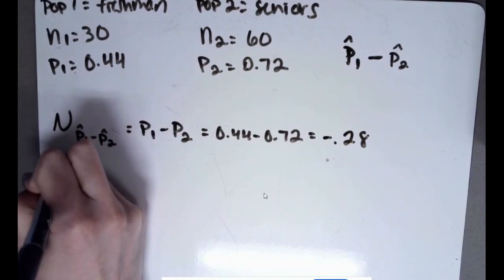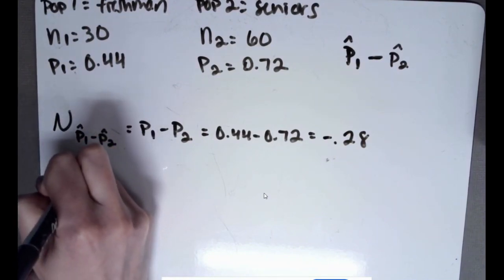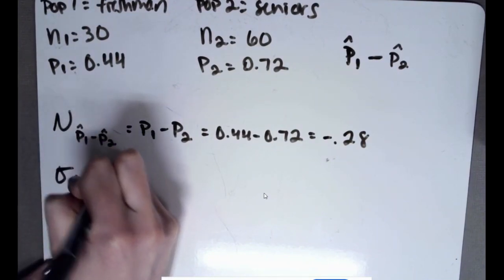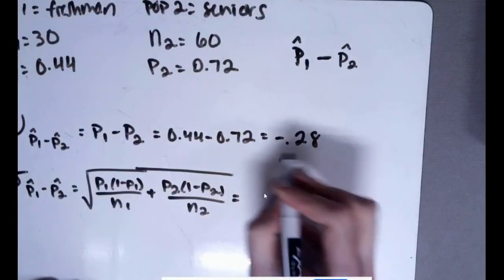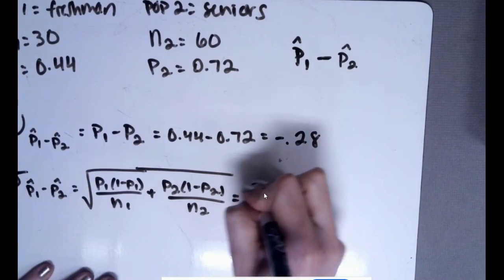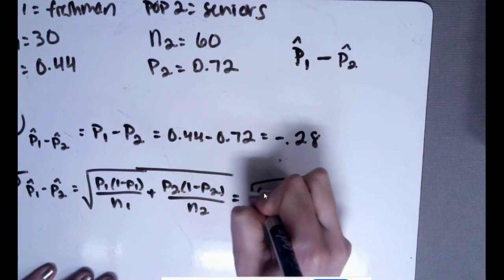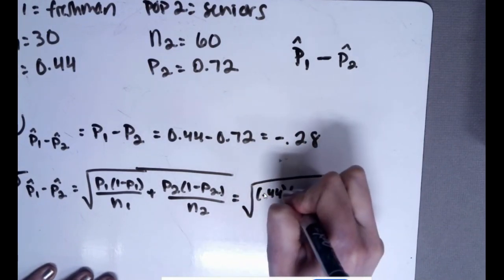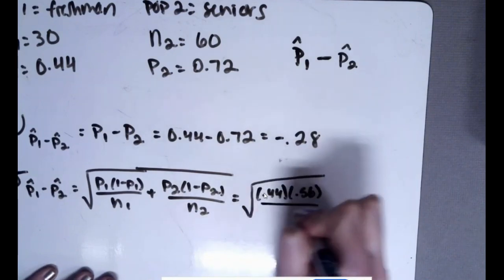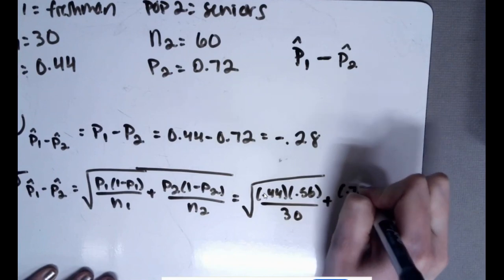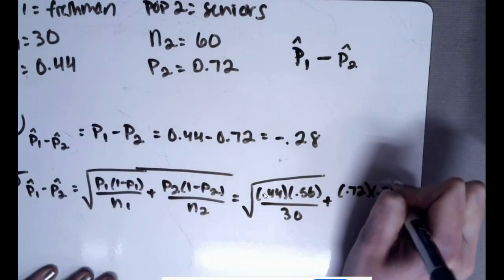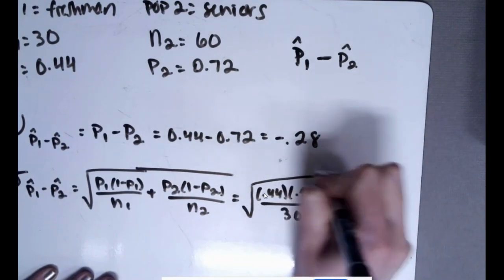I also need the standard deviation of the difference in the sample proportions. You also have a formula for this. So in this case, it will be the square root of 0.44 times 0.56 over 30, plus 0.72 times 0.28 over 60.